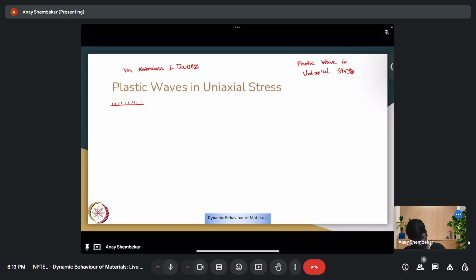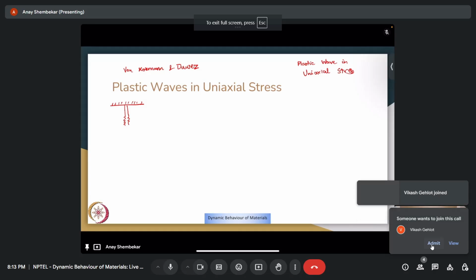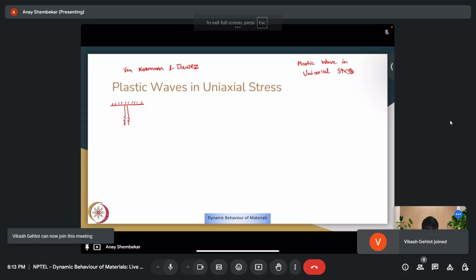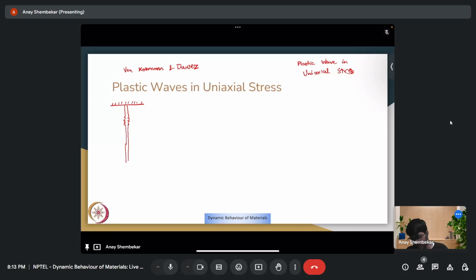You take a long thin rod and attach it to a rigid plate.